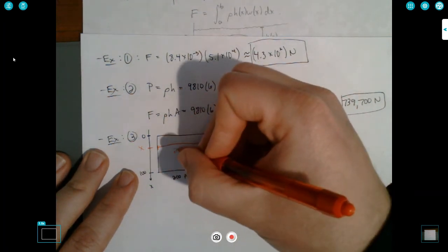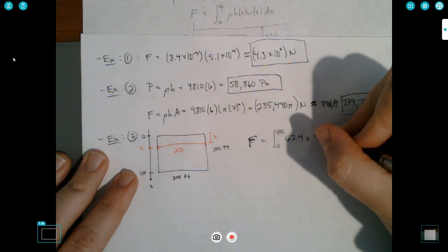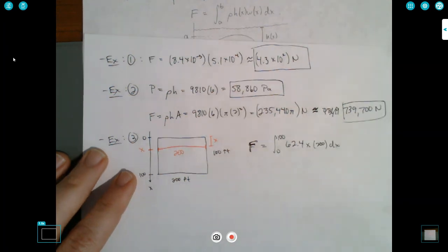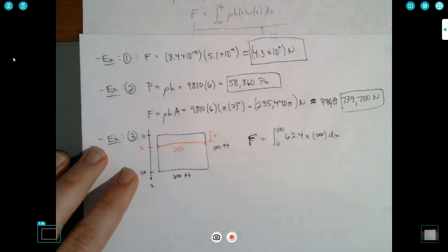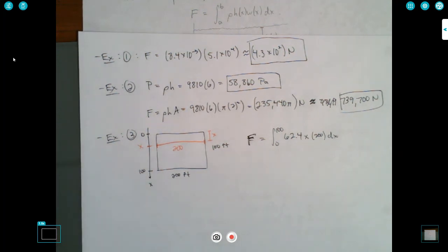That's just 200, times x times 200 dx. Okay, so that's all there is to that. So let's finish the problem. It shouldn't be too difficult.